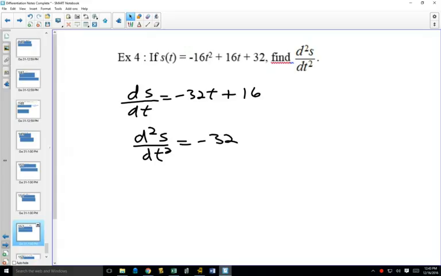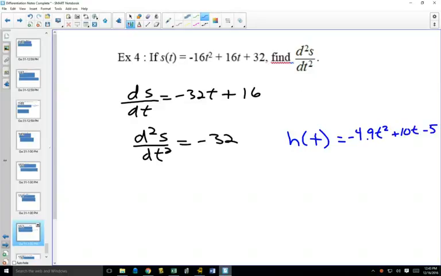So this question actually, when you take the second derivative of a distance formula, you should always get gravity. You might have remembered, well, no, you don't remember. But I'll tell you that when you were in grade 10 or grade 11, learning quadratics, sometimes they gave you height questions. And when they gave you height questions in your textbook, there might have been a few, if they were the graphing calculator ones, that would have started off with a negative 4.9t squared, maybe plus 10t plus 5, projectile off a cliff or something.